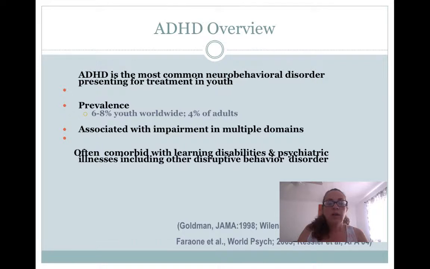ADHD is often comorbid with learning disabilities and psychiatric illnesses. So dyslexia, various mathematical disorders. I don't want to get too much into the learning disabilities right now because we're going to do that in another chapter, but ADHD will often go along with that. And one of the reasons is because they both can be symptoms of an organic brain illness.